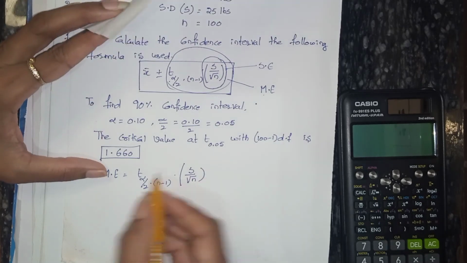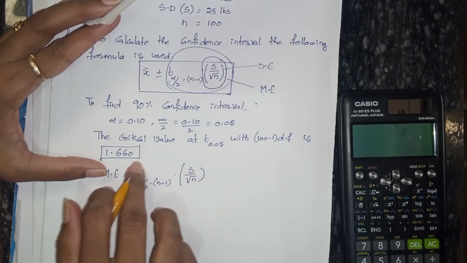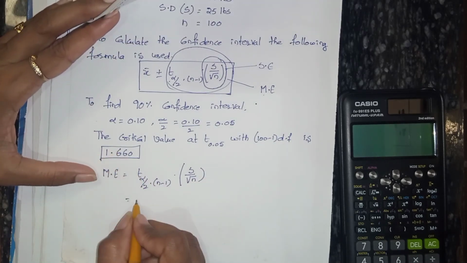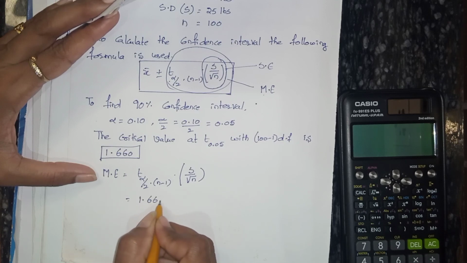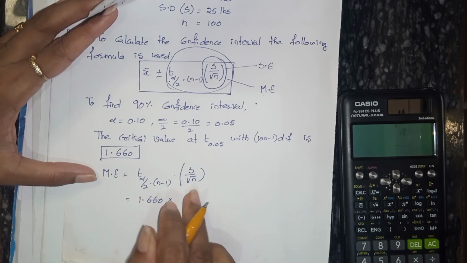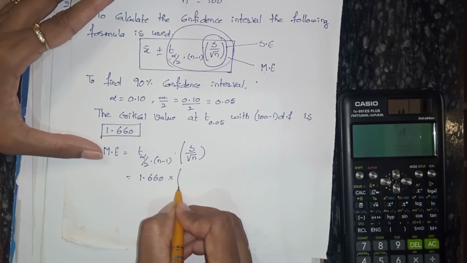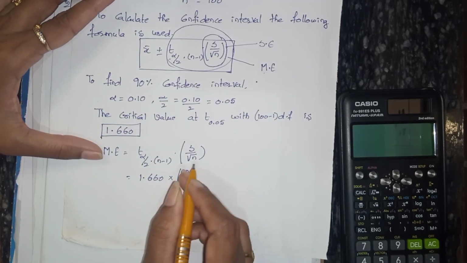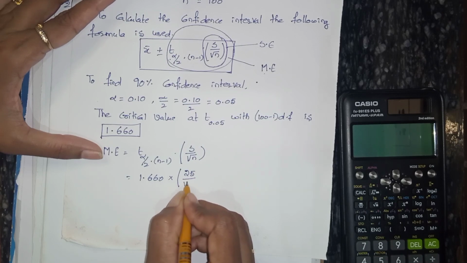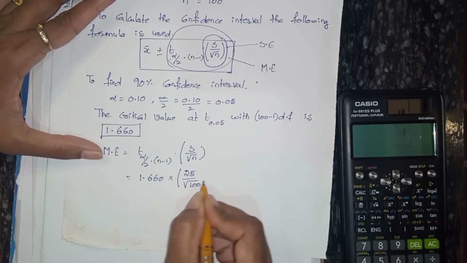So the critical value is 1.660, into S, which they have given as 25, divided by root n, root 100.